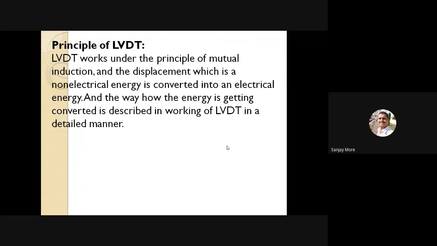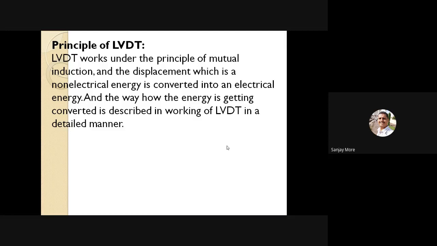So the principle of this LVDT is based on mutual induction. Non-electrical energy is converted into electrical energy. You pass current, and the primary coil gets excited, and the two secondary coils absorb this primary sensing electrical energy and convert it.